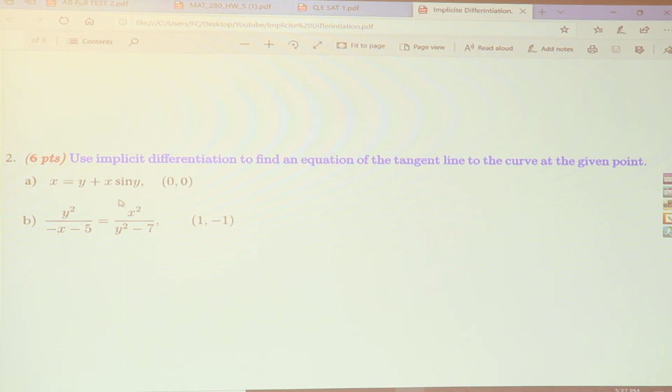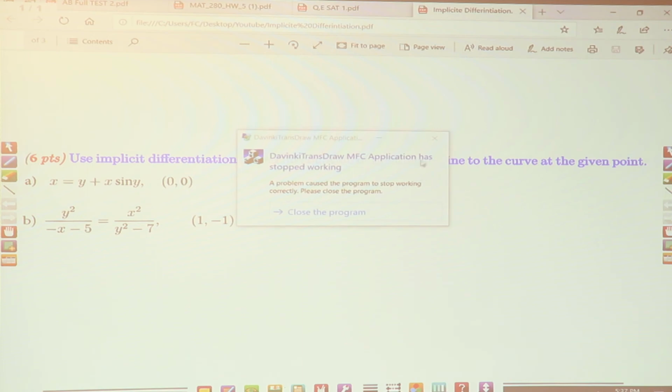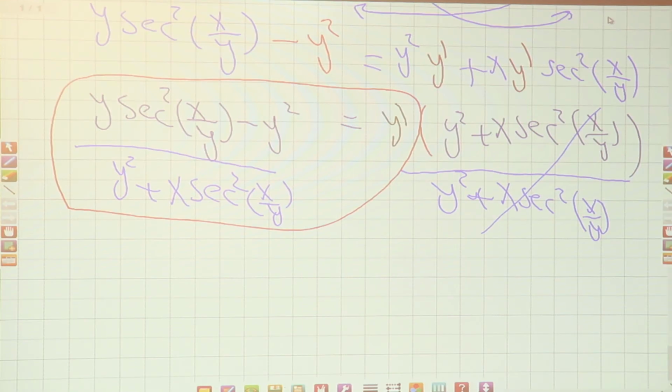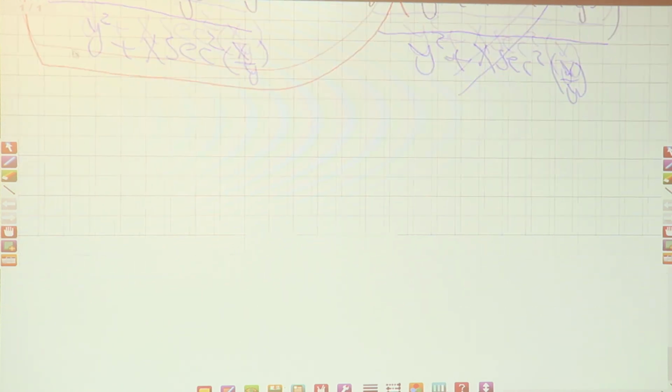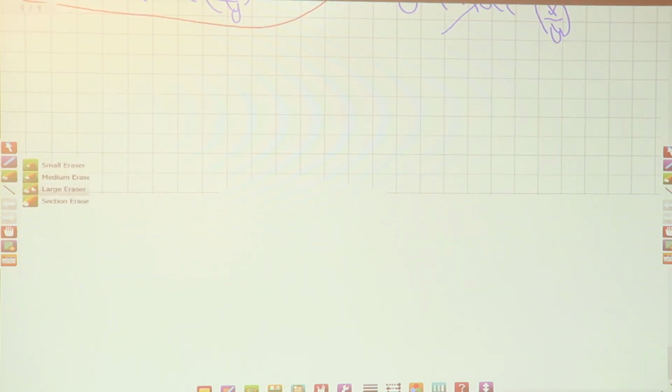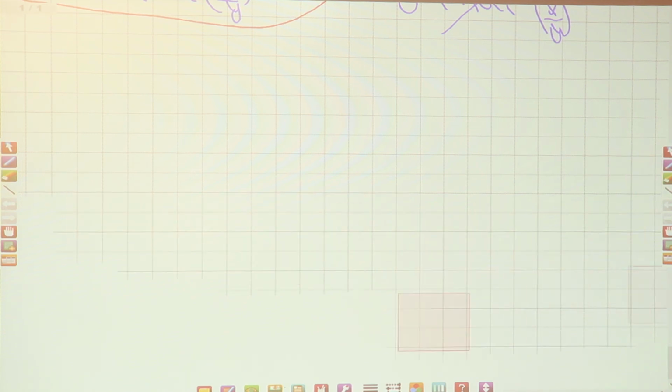I'm going to see how long it will take us to do this problem. We need to find the equation of the tangent line for this guy at the given point 0 and 0. Let us see.